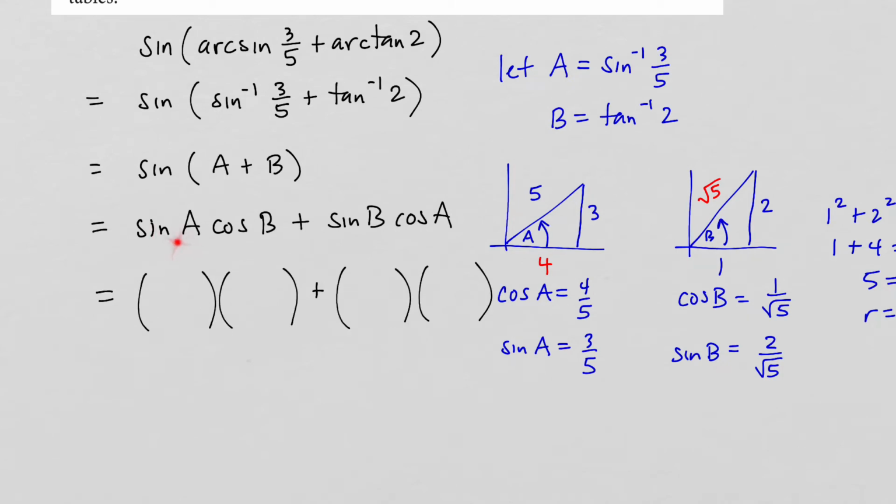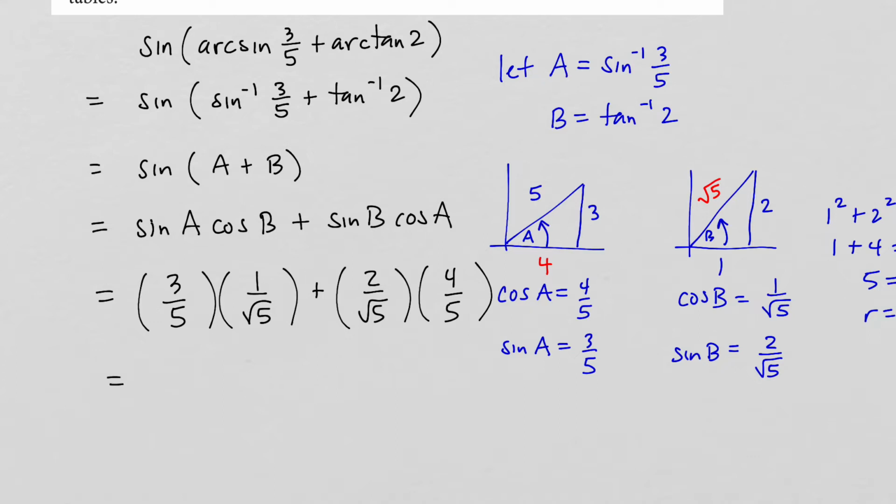So here we have the sine of A, which is 3/5. Cosine of B, which is 1 over radical 5. Sine of B, which is 2 over radical 5. And lastly, cosine of A, which is 4/5.